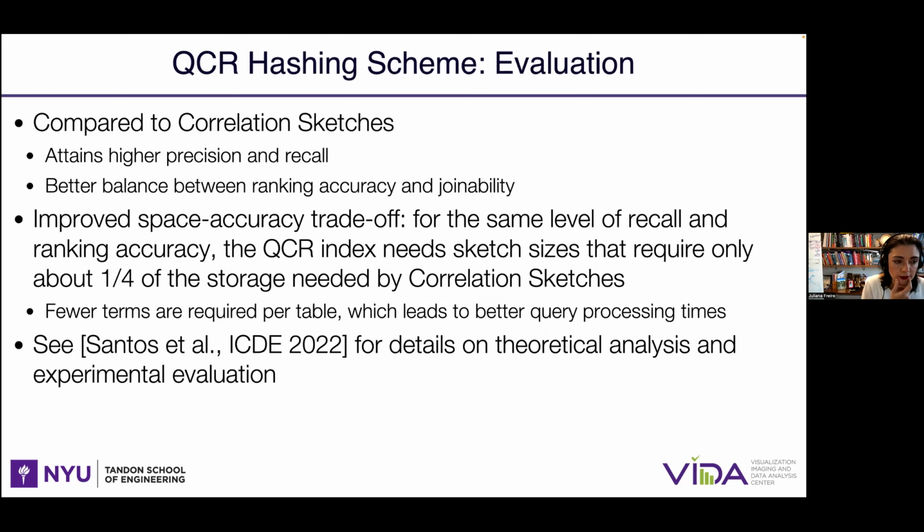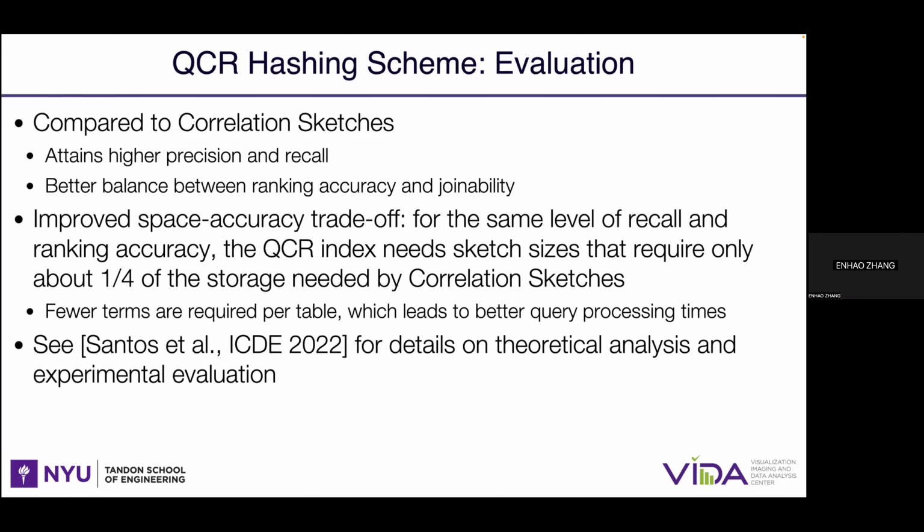One surprising result is that it also has a better space accuracy trade-off, in the sense that for the same level of recall and accuracy, QCR actually can do that with sketch sizes that are much smaller than what is required by correlation sketches. Right? And if you want to see more details about these experiments as well as the theoretical analysis, they are in our ICDE 2022 paper.